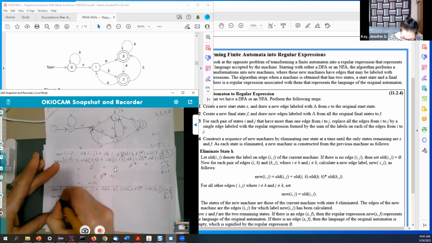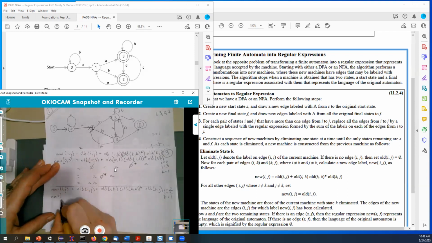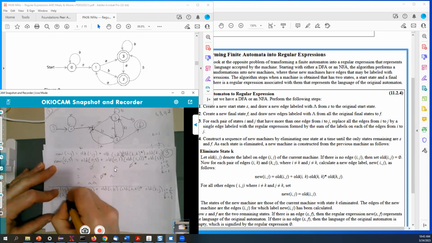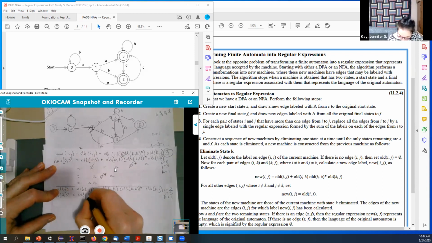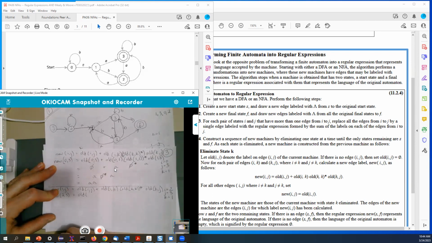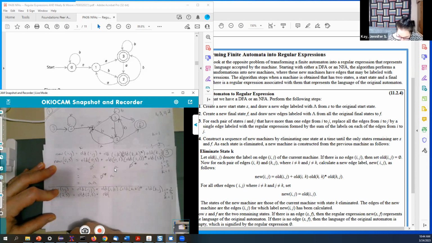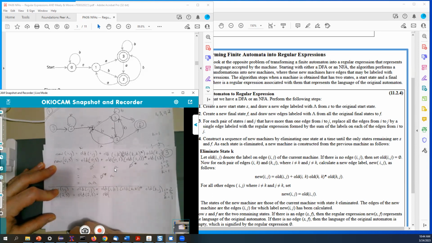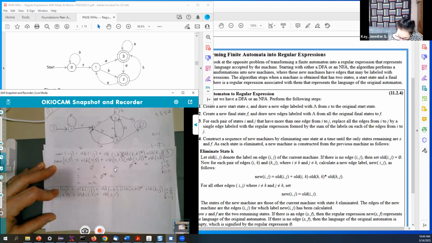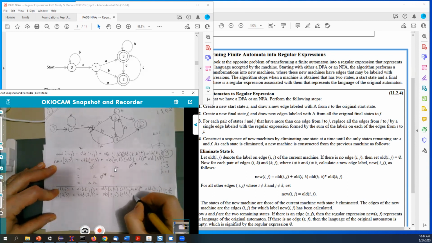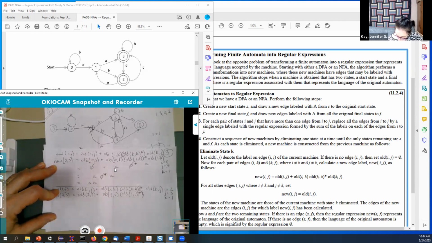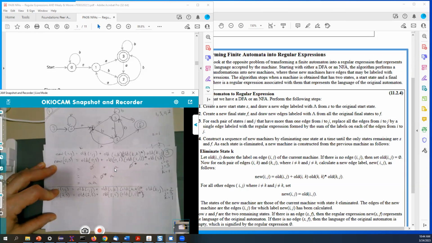So the new 2 to 3 equals the old 2, 3 plus the old 2, 1 times the old 1, 1 starred, times the old 1, 3.